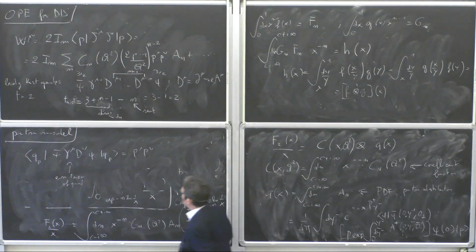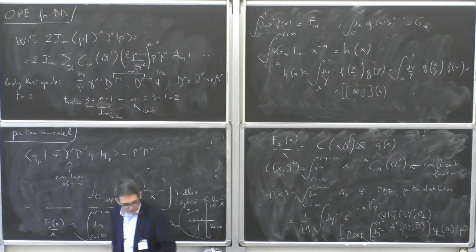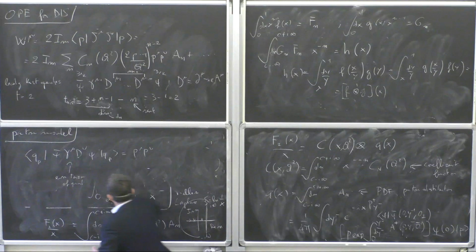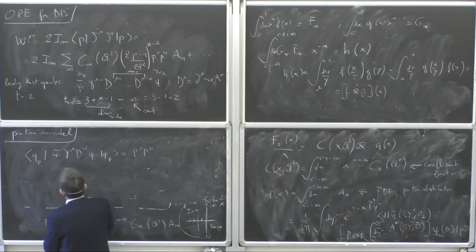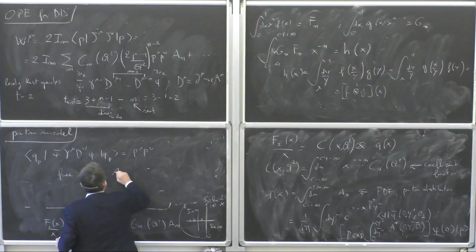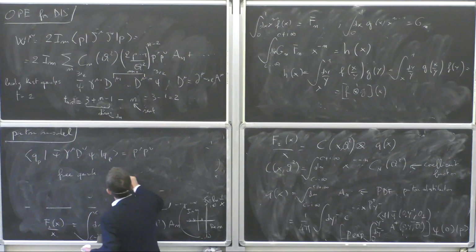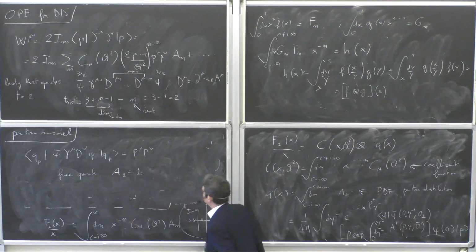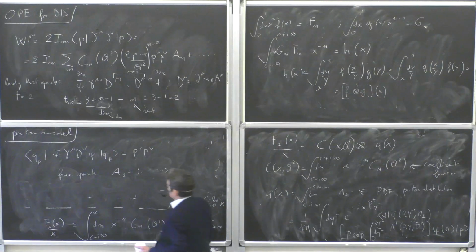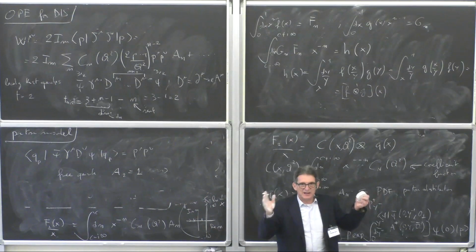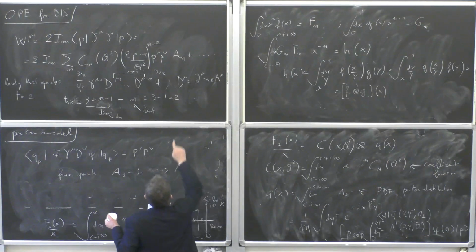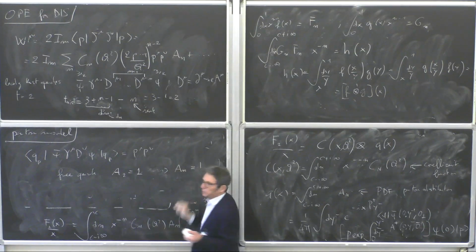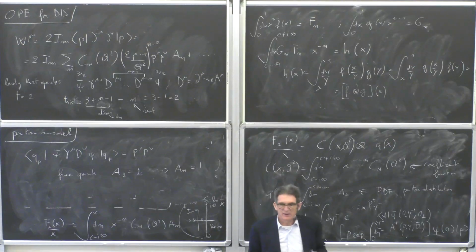So in a free quark state, for a free quark, this would be A2, which is equal to 1. And in fact, if you properly normalize your operators, you can define them in such a way that all ANs which appear up there are all equal to 1 in a free quark state.